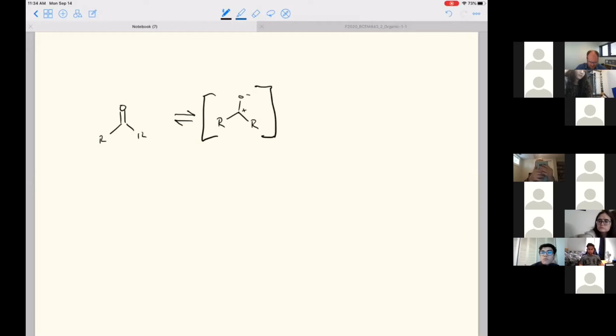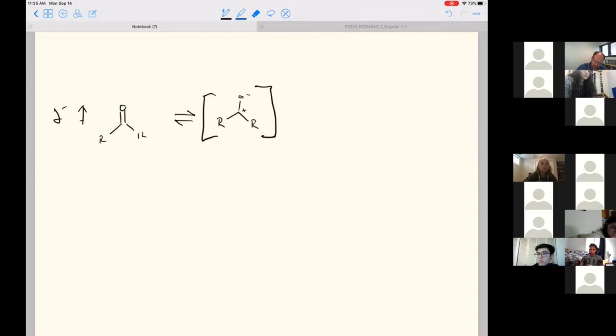So that's one way of thinking about it. Or the other way of thinking about it is just that the oxygen here is more electronegative, and so it's pulling this electron density up towards the oxygen, and that makes this sort of net delta negative charge towards the oxygen. Does that make sense?